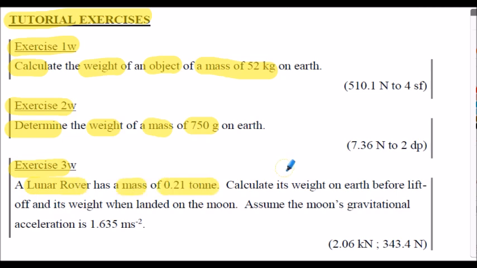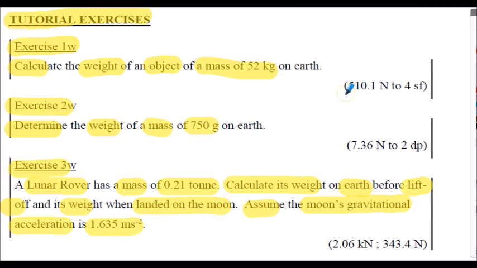We've got to calculate its weight on Earth before liftoff and its weight when landed on the moon. We're told to assume that the moon's gravitational acceleration is 1.635 meters per second squared. The answers to the various questions are shown in the brackets on the right hand side. I would encourage you to stop the presentation and attempt these exercises. The full solutions are shown on the following slides.